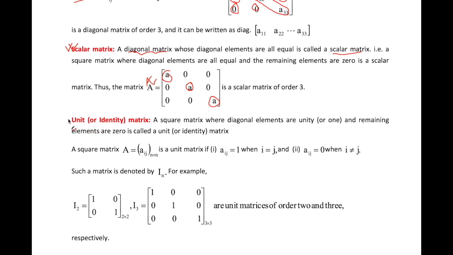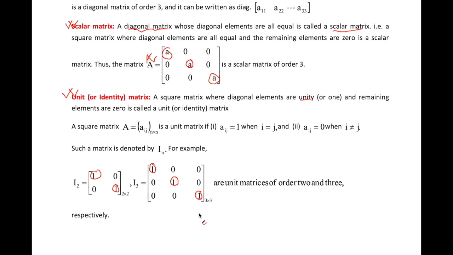Now identity matrix. A diagonal matrix is said to be an identity matrix or unit matrix when all diagonal entries are 1. You see, this needs to be a diagonal matrix first.